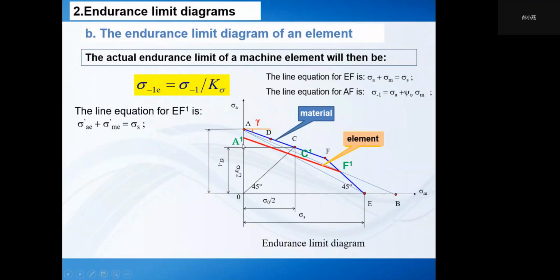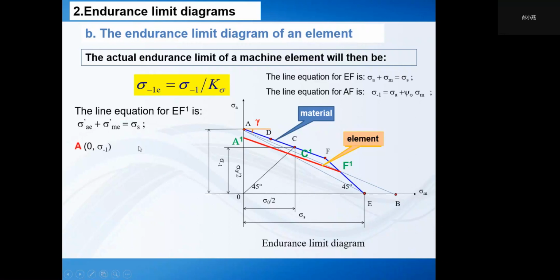And for line EF1, we have this: the stress amplitude of the element plus the mean stress of the element is equal to the yield stress.